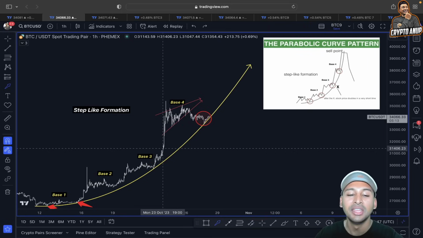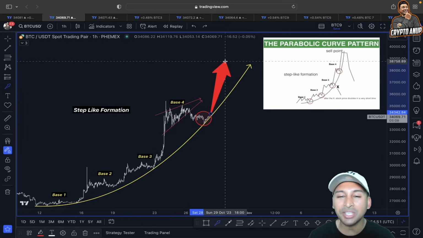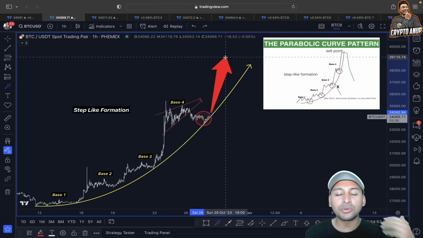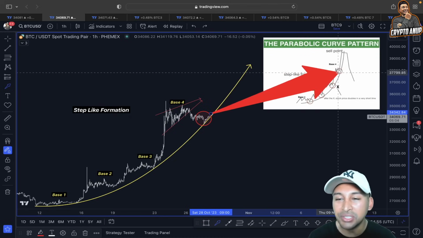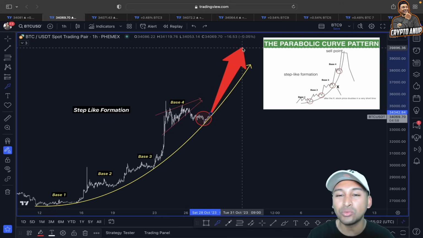So in our case, if this is going to be another continuation pattern to the upside, then we are expecting the price of Bitcoin to show this final move, just like I showed you in an example, where we reach the sell point. And in our case, this sell point could be around the 39 to 40,000 range.